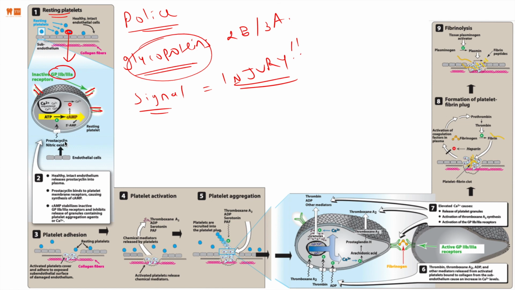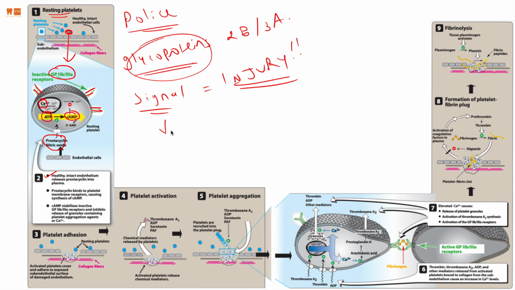So what is that protocol? Let's take a look at inside the cell first. Do you see there's calcium? Calcium involvement, cAMP involvement, ATP involvement, and of course prostacyclin and nitric oxide. So many different chemical reactions, right? Well, let's take a look what happens. In a healthy intact endothelium, they release prostacyclins into plasma.